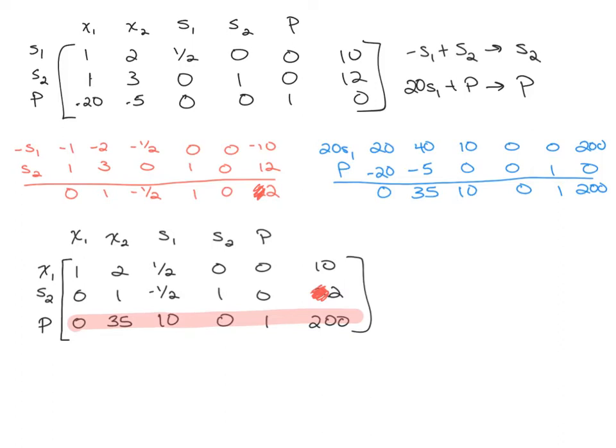So we know we can have the max of 200 at, let's see, x sub 1 is 10 and x sub 2 is 0. We don't have a value for x sub 2, and if something doesn't have a value, then it is 0.